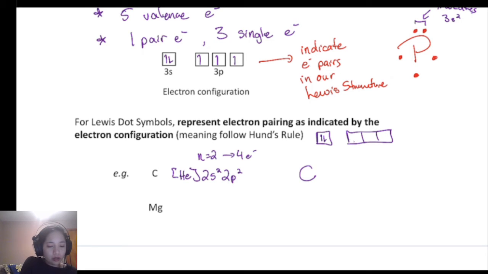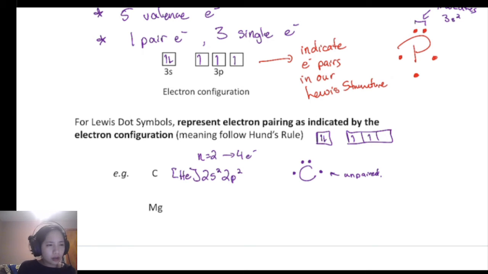There are 2 in that s orbital, and then 2 lonely ones in the p orbital shell. So 2 electrons from our 2s, and 2 unpaired electrons in our p. If we were just writing the neutral Lewis dot symbol for carbon, you wouldn't put 1 electron on each of the north, south, east, and west sides of carbon. You actually have to show the electron pairing that's occurring in the 2s orbital.